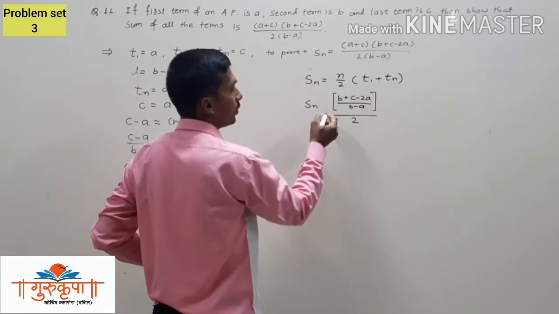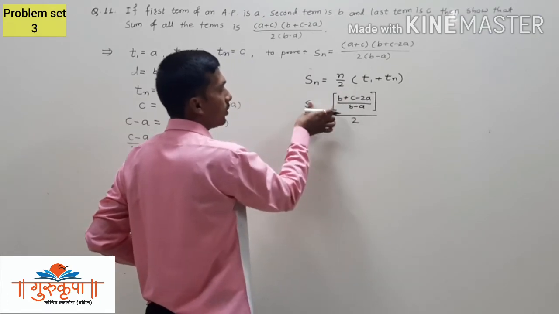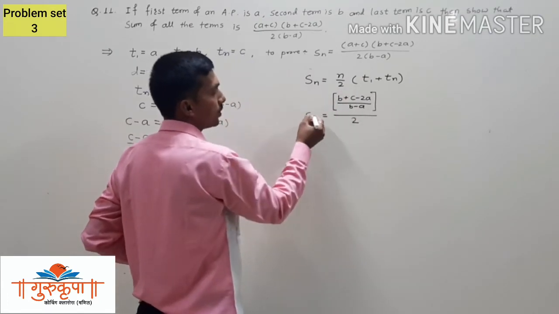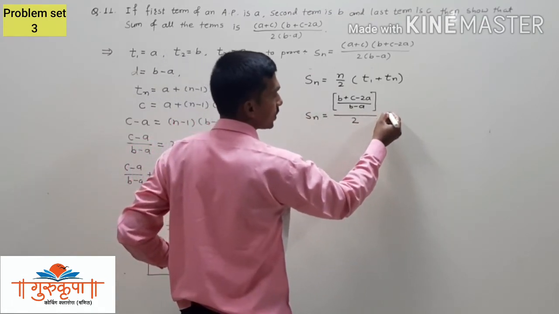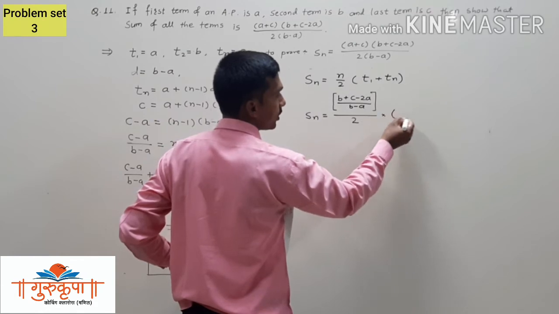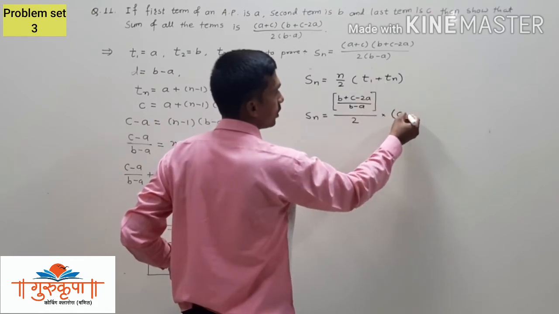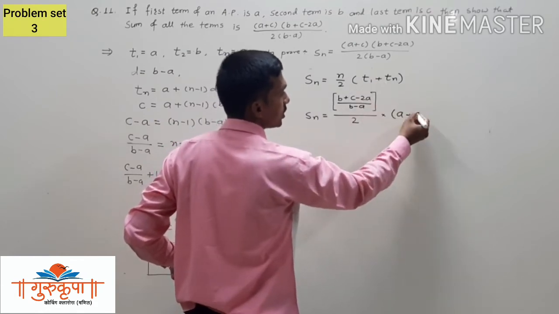That is the value of n divided by 2, that is n by 2 into the bracket, since T1 is a plus Tn is c.